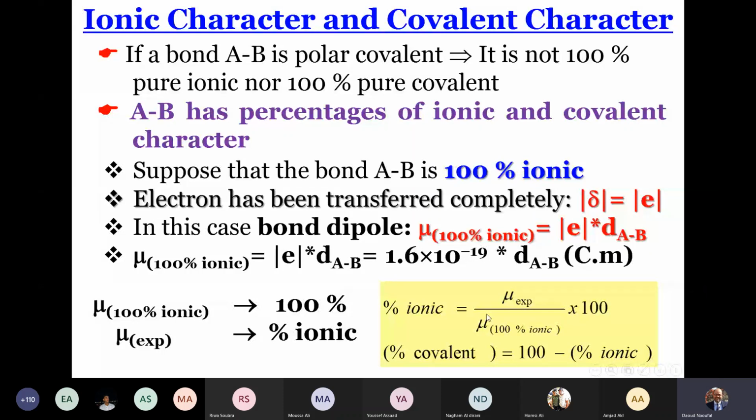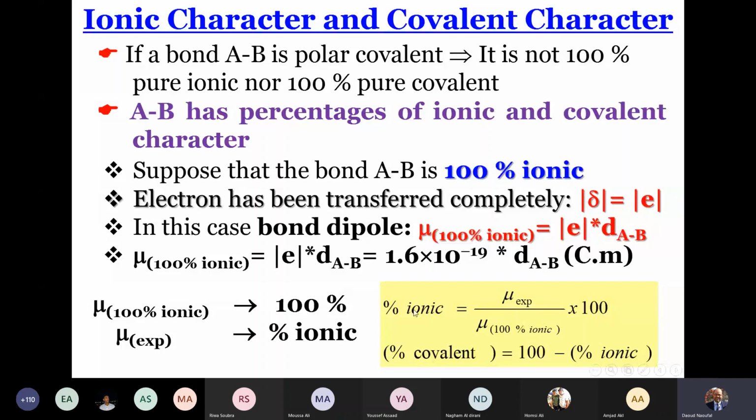You can use directly this formula without a proof. The percent ionic is equal to mu given, or mu experimental, or the real bond dipole, divided by the bond dipole of the bond supposed 100% ionic, which is equal to the absolute value of e times dAB, times 100.